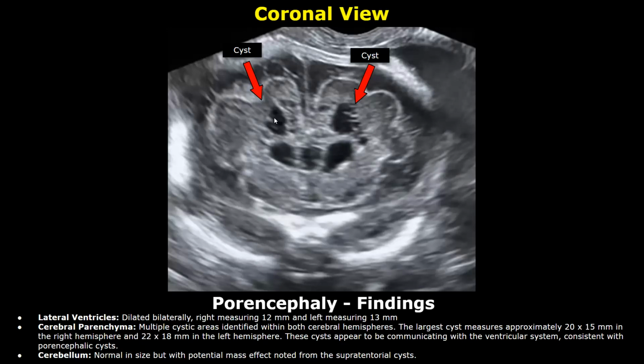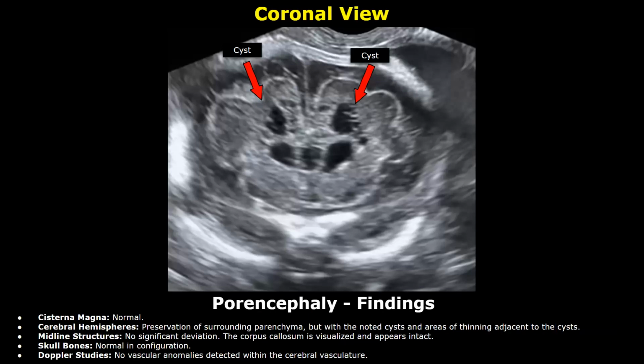The largest cyst measures approximately 20 by 15 millimeters in the right hemisphere and 22 by 18 millimeters in the left hemisphere. These cysts appear to be communicating with the ventricular system, consistent with porencephalic cyst. Cerebellum is normal in size but with potential mass effect noted from the supratentorial cyst.